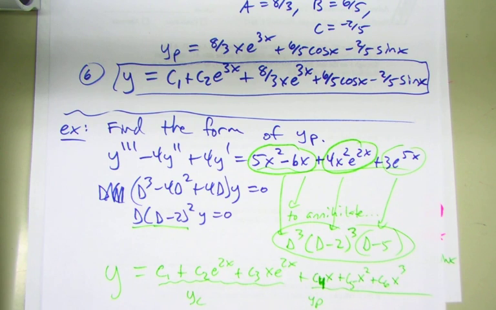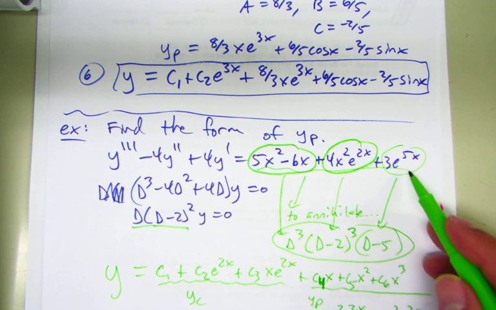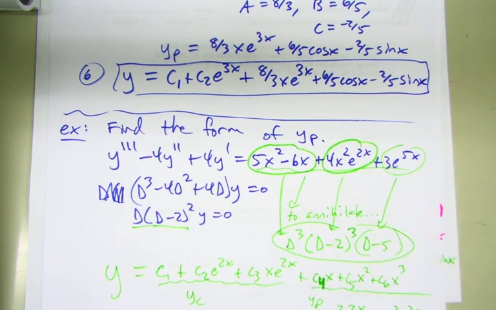So we're going to have plus C7 x squared e to the 2x plus C8 x cubed e to the 2x plus C9 x to the 4 e to the 2x. And then finally, we have this 3e to the 5x, so that'll just be plus C10 e to the 5x. So the d minus 5 gives us the C10 e to the 5x.